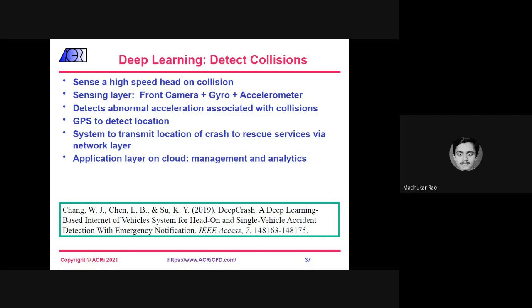What they did was train a neural network, of course not a physics-informed neural network but a regular neural network, to sense a head-on collision using sensors, a front camera, a gyroscope, and an accelerometer. It detects the abnormal acceleration associated with collisions, and maybe it can deploy the airbag or tighten your seat belts and so on. And it also uses the GPS to detect your location and transmit the location of your crash to rescue services.